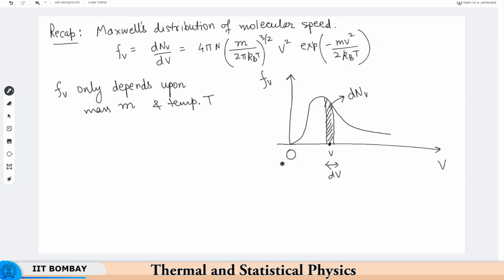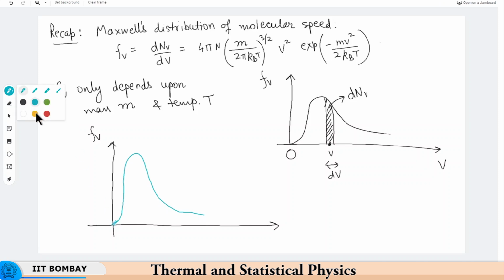So, I will do this plot again slightly bigger, f of v. But now I will plot this f of v for 3 typical temperatures, right. So, let's use 3 colors perhaps. Let's say blue, so it starts from 0, remember.